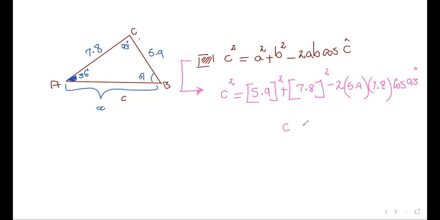Then C is going to be the square root of whatever you get. Please do not put that in your calculator. I'm just going to use another method, then we match it together.